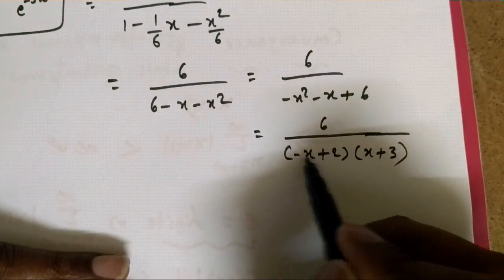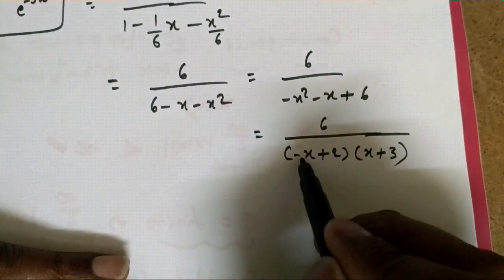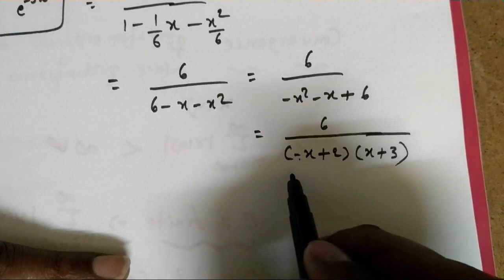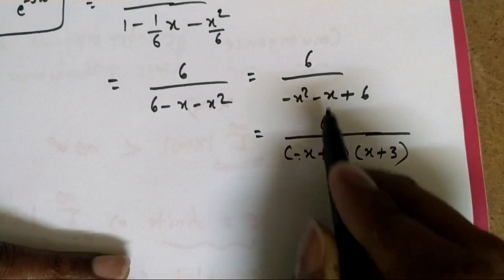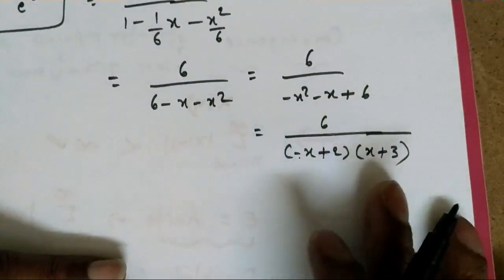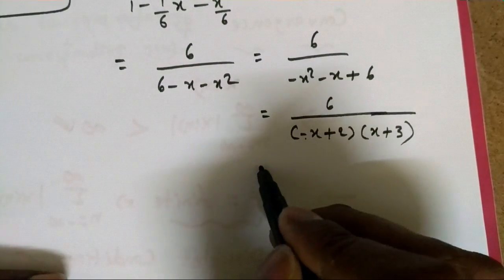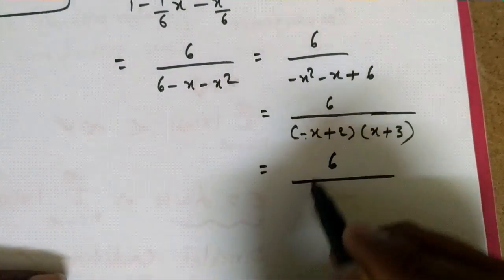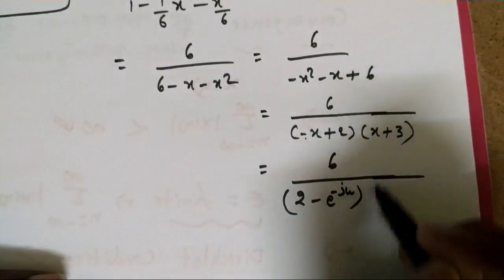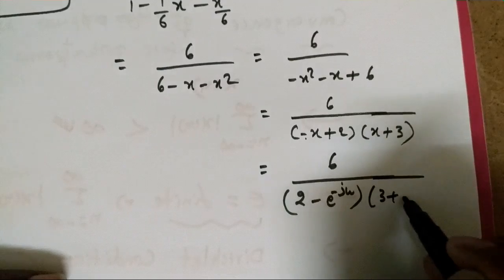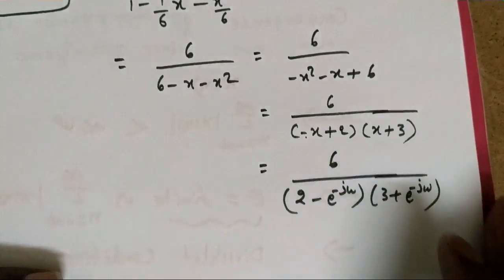So what we will get: minus x into x is minus x square, minus x into 3 is minus 3x, plus 2 into x is 2x, plus 2 into 3 is 6. Whatever we get, this is the same. But what is x here? Again we have to replace it: 2 minus e power minus j omega, and x means again 3 plus e power minus j omega.